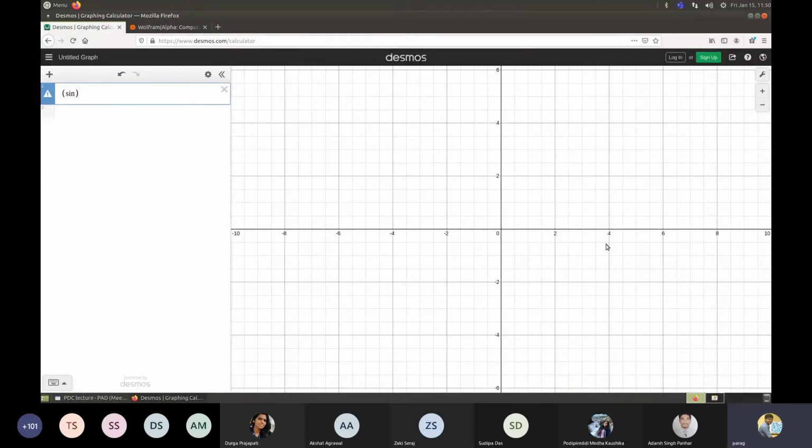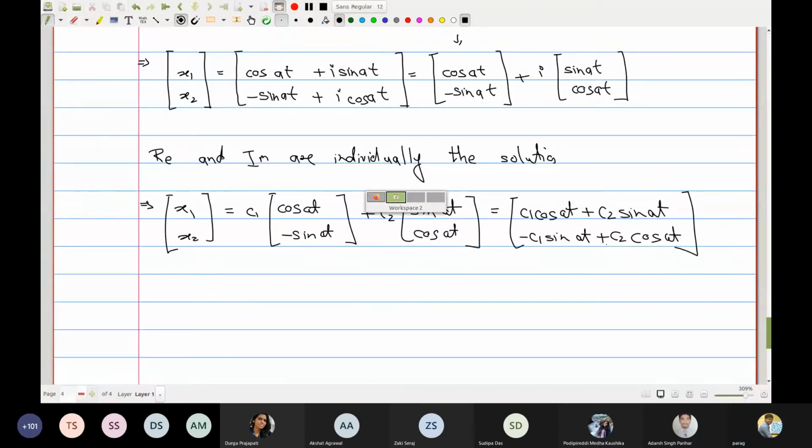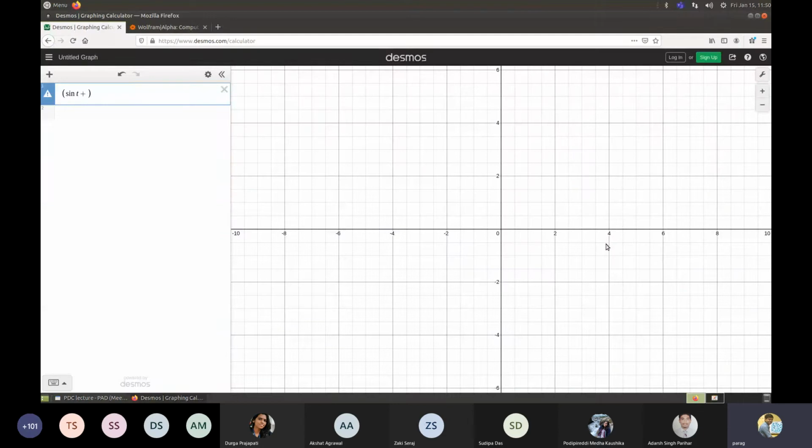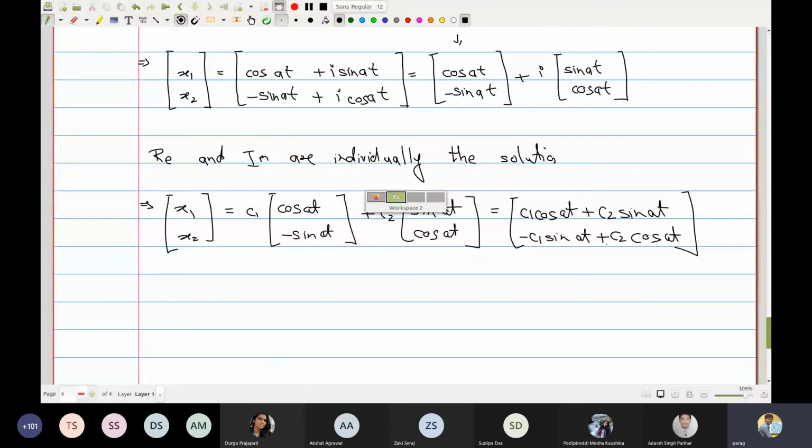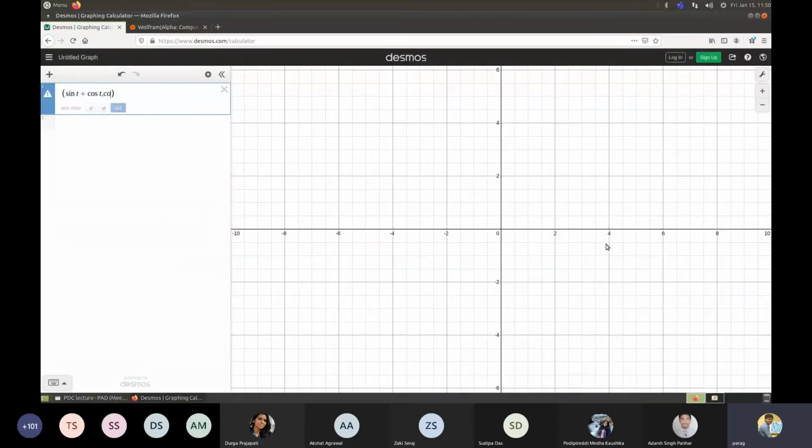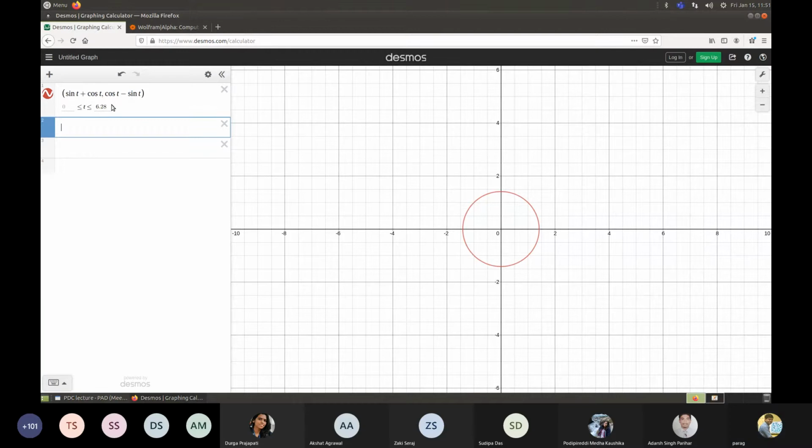Let's keep it simple: sine t plus cos t, and cos t minus sine t. And let us make t go to 2 pi, 6.28. So this is how it looks, right? This is the phase portrait, and the phase portrait is circular.